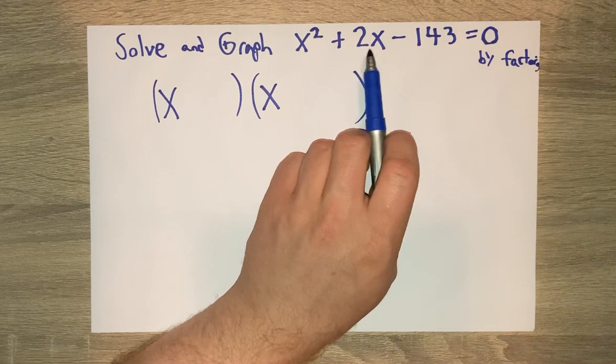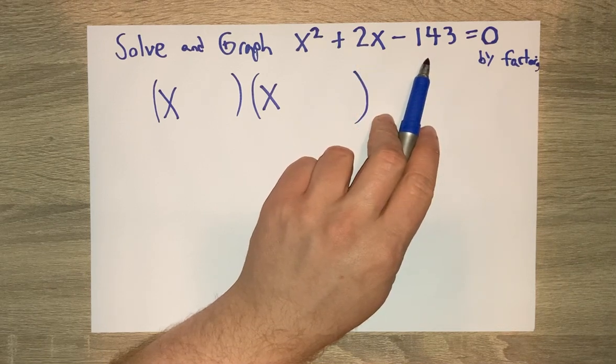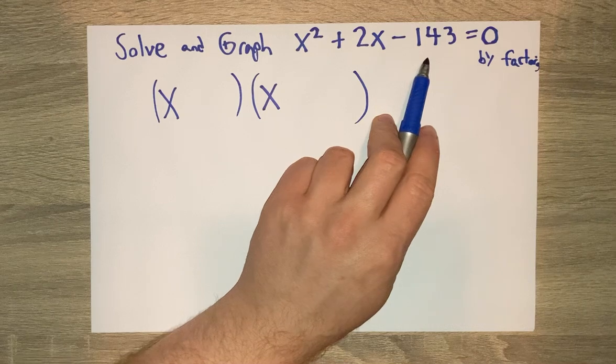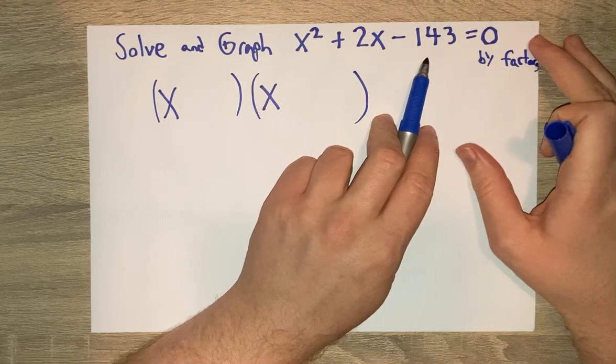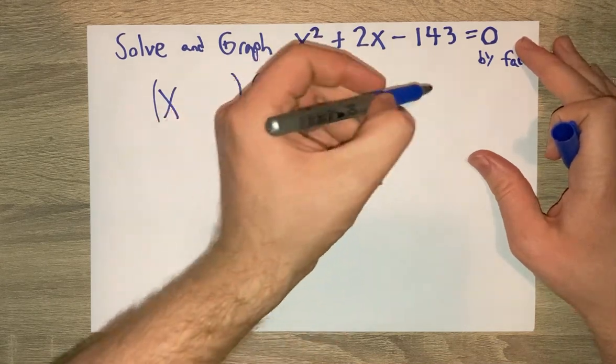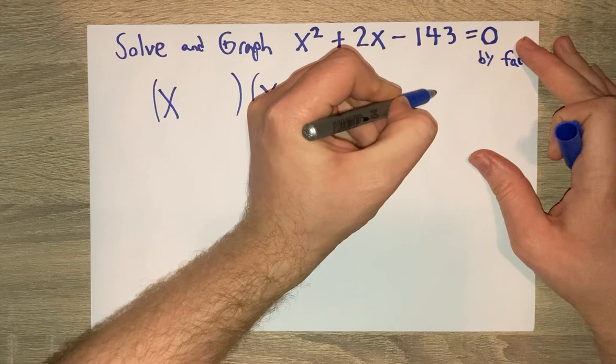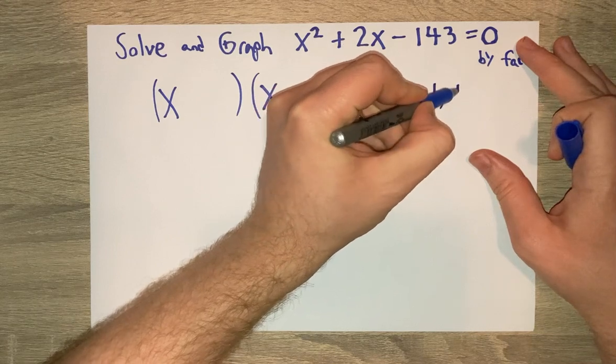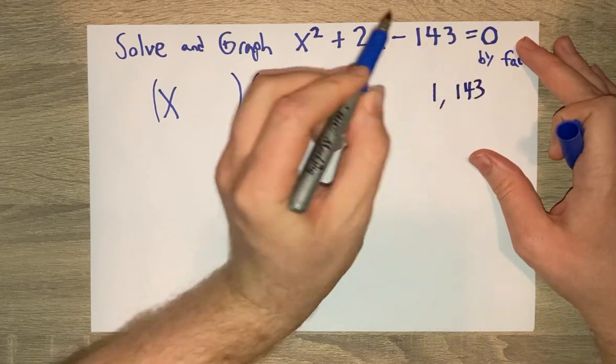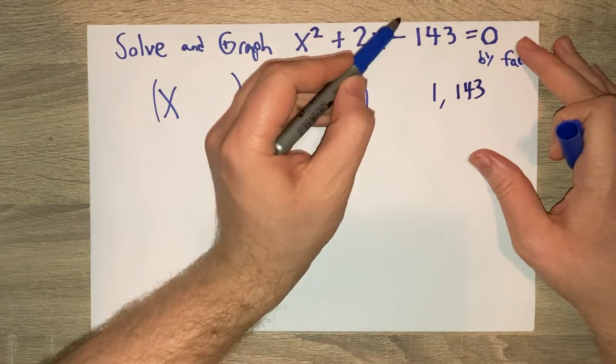Now, I know what you're thinking. What are the factors of 143? It's not immediately obvious unless you know your 13 times tables. So let's just list the factors of 143. 1 and 143 doesn't help us much.